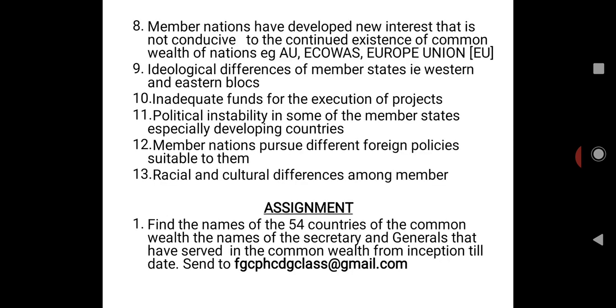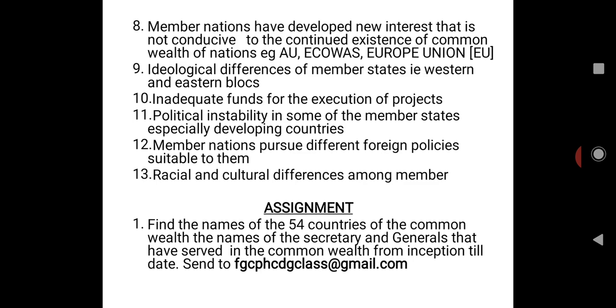Another problem that confronts the Commonwealth is that member nations have developed new interests that are not conducive to the continued existence of the Commonwealth of Nations.